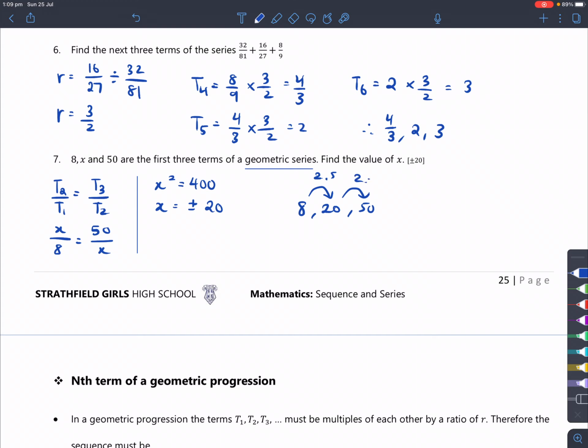Okay, that makes sense. You can actually check it: 8 times 2.5 gives you 20, times 2.5 gives you 50. But if you had 8, negative 20, and 50, that's also possible, because you can multiply by negative 2.5 and that will give you those 2 numbers. So both answers of x are okay.